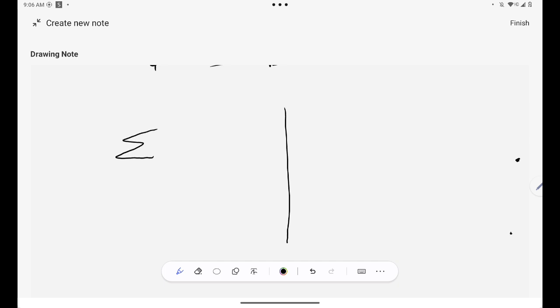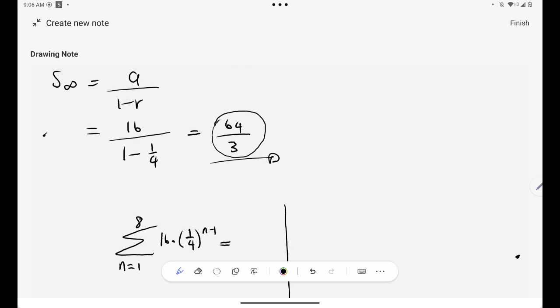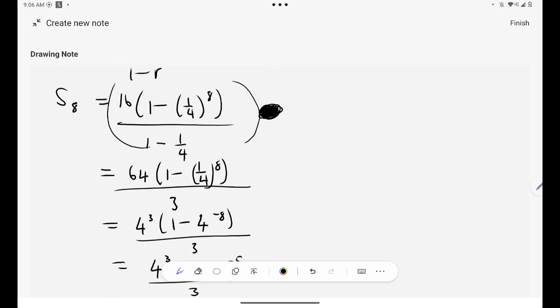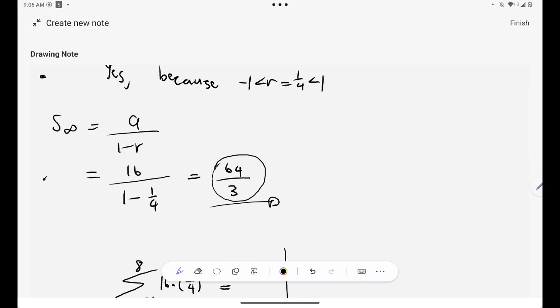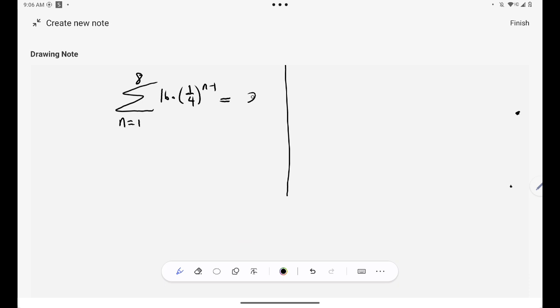For the one that is not the sum to infinity, you can say n and then put 8 there. 16 times 1 over 4 to the power n is equal to, since we did find the sum of the first 8 terms, let's say it's equal to x. I don't know the value. We'll just say that when you add the numbers from the first term until the 8th term, you'll get x.